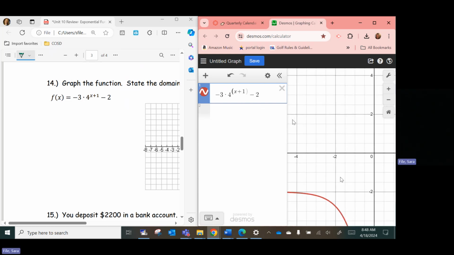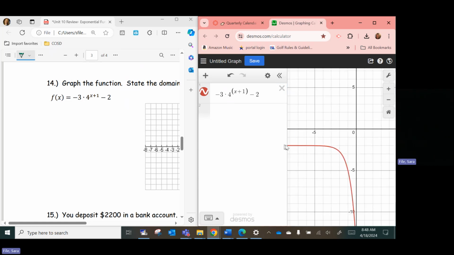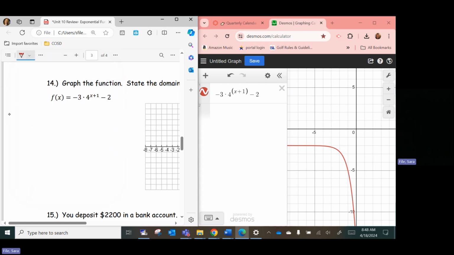So here's my graph down here. I can see my asymptote where it levels out is at -2. And that should make sense to you. You should get that because we have talked about your asymptote is y equals k.